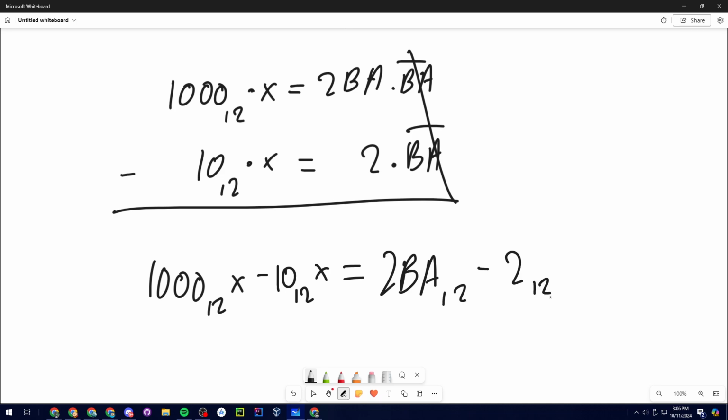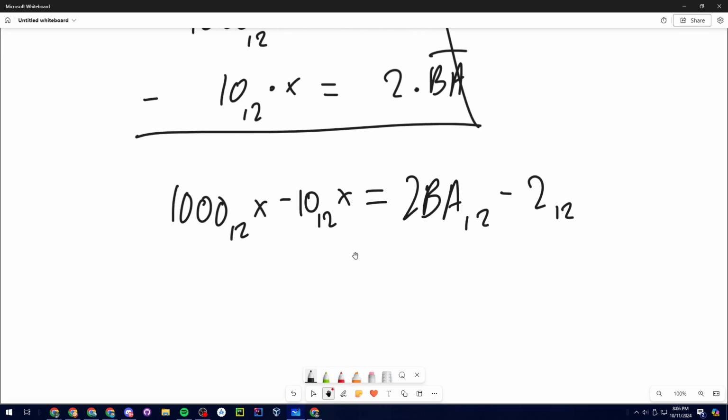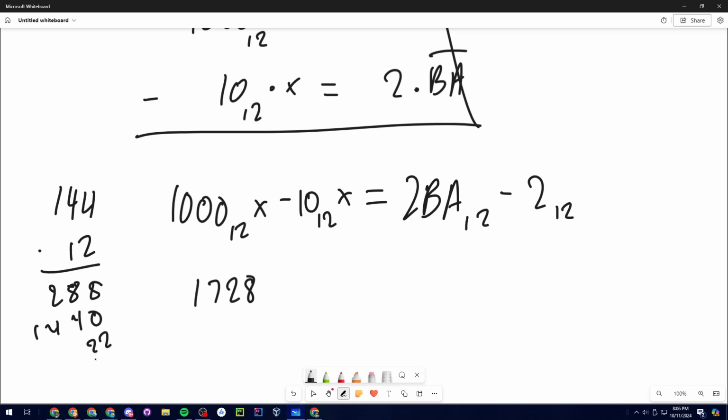Everything's in base 12. The reason I'm writing this separately is because when I'm converting, I now need to show what x is in base 10. I can convert it pretty easily because 1,000 in base 12 is 1728, because of 144 times 12. Yeah, 1728x minus 12x.